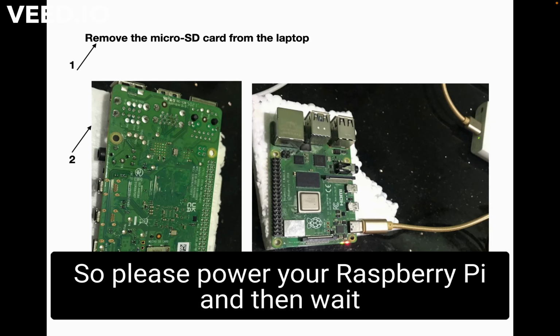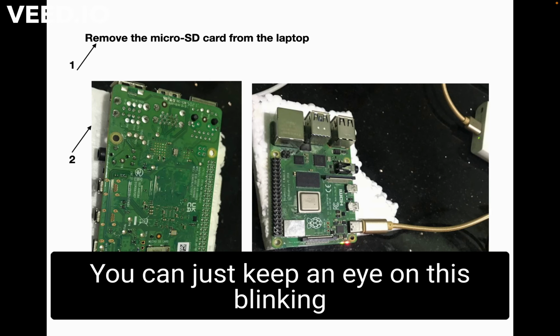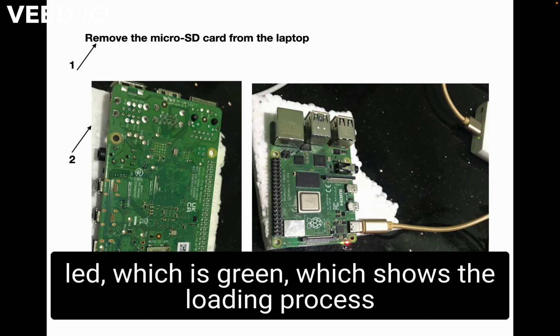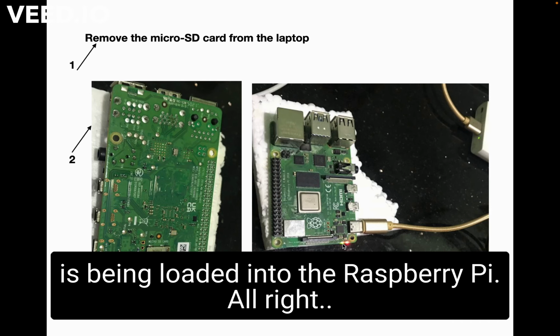Alright, so please power your Raspberry Pi and then wait for some time for the OS to be loaded. You can just keep an eye on this blinking green LED, which shows the loading process, so that you will know that the operating system is being loaded into the Raspberry Pi.